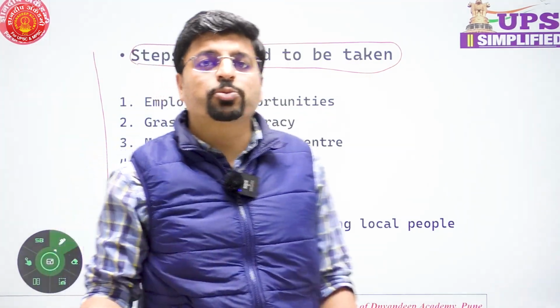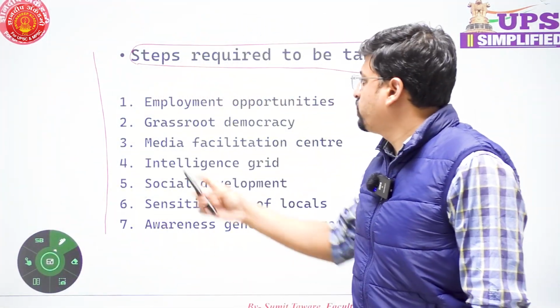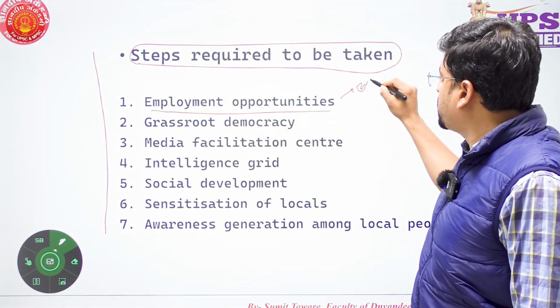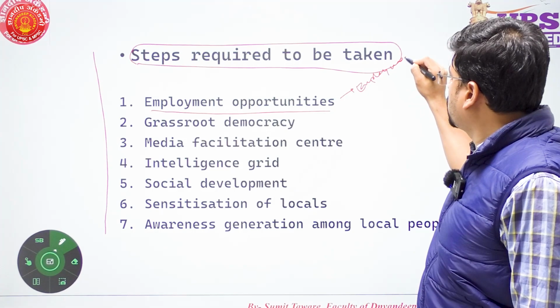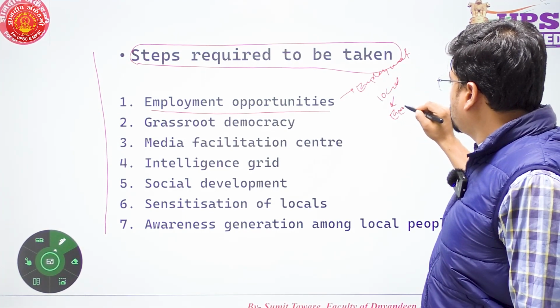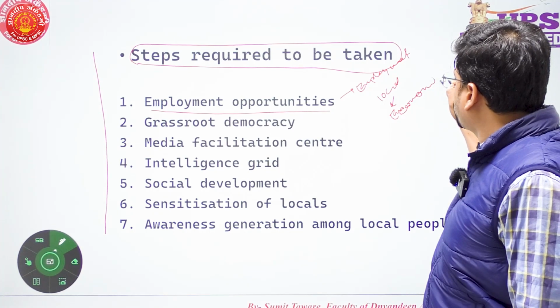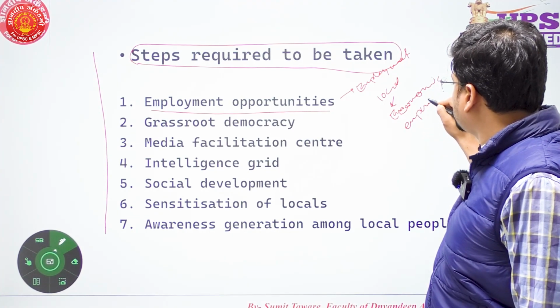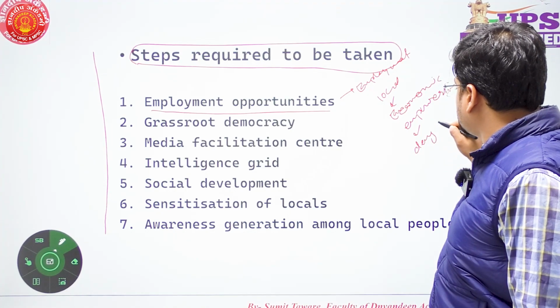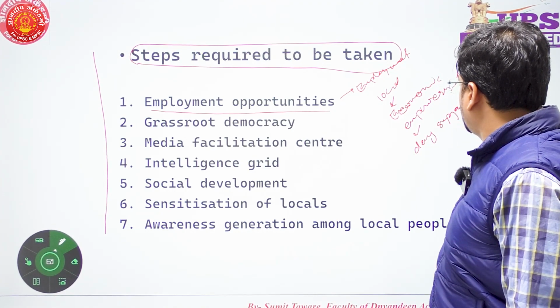In the next part we can see what steps are required to deny local support to the militants. The first one is employment opportunity. We should provide employment opportunities to local people so that economic empowerment of people can be ensured, and because of that they will deny support to militants.